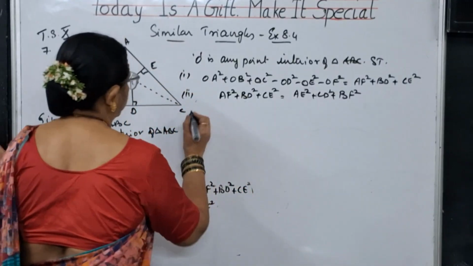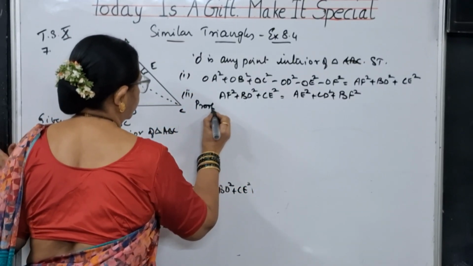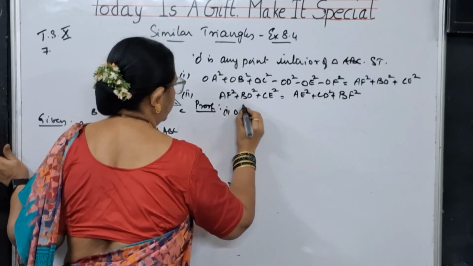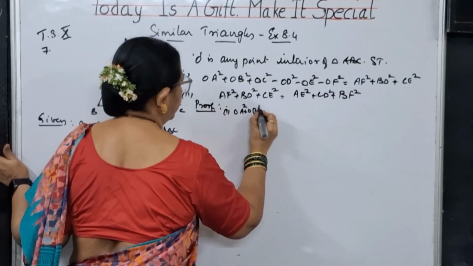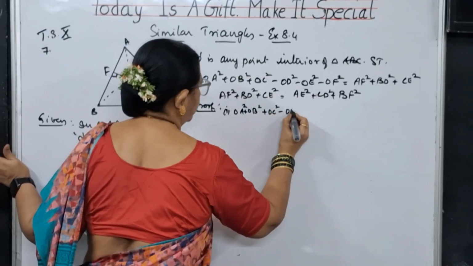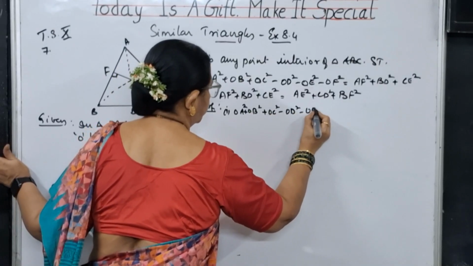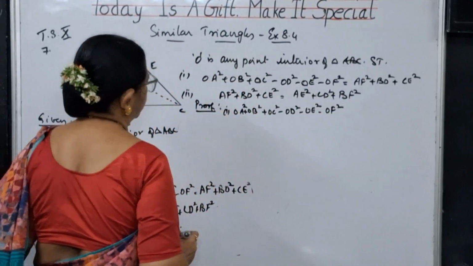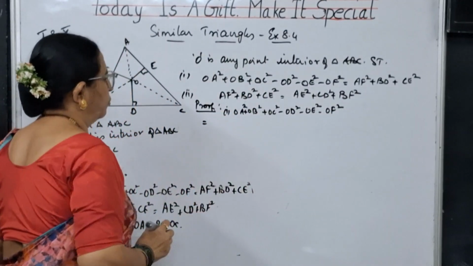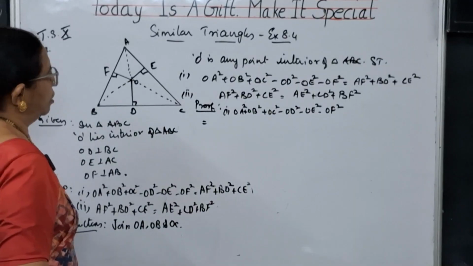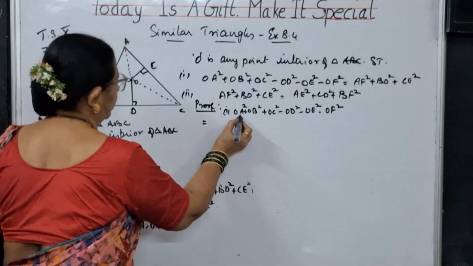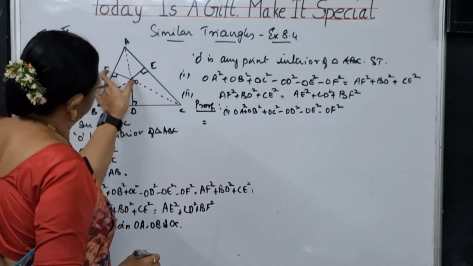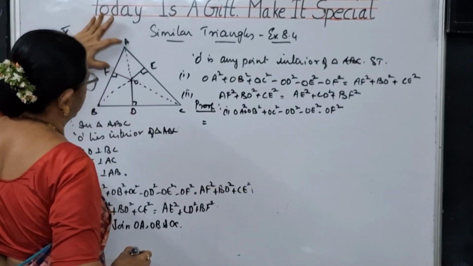Now let us see the proof. What is the first one? OA square plus OB square plus OC square minus OD square minus OE square minus OF square. Let us take LHS of this. OA square minus OF square is nothing but AF square.